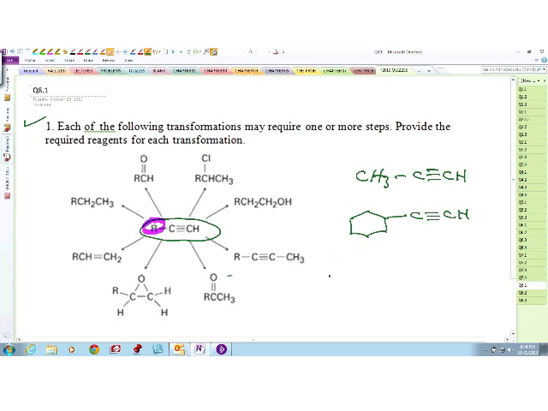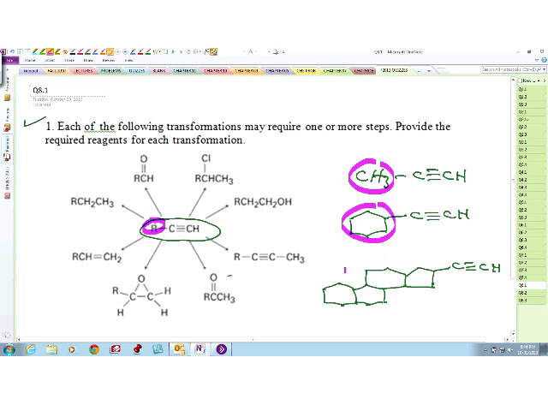It could even be a very complex molecule, such as this steroid here. In each of those cases, the R will be this here. This will be your R, and here is your R.